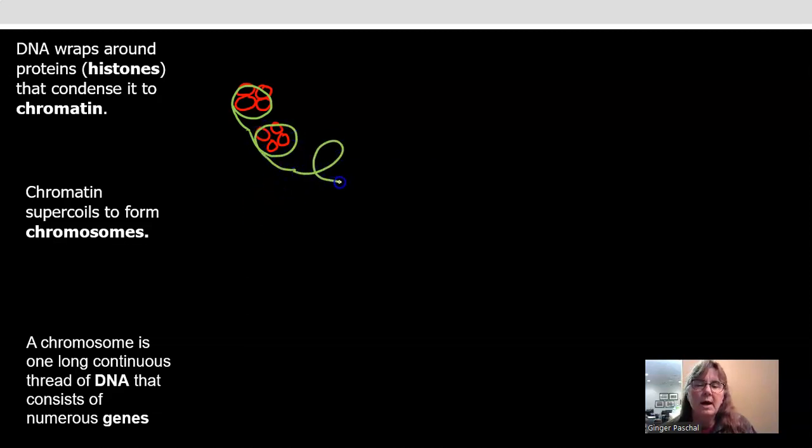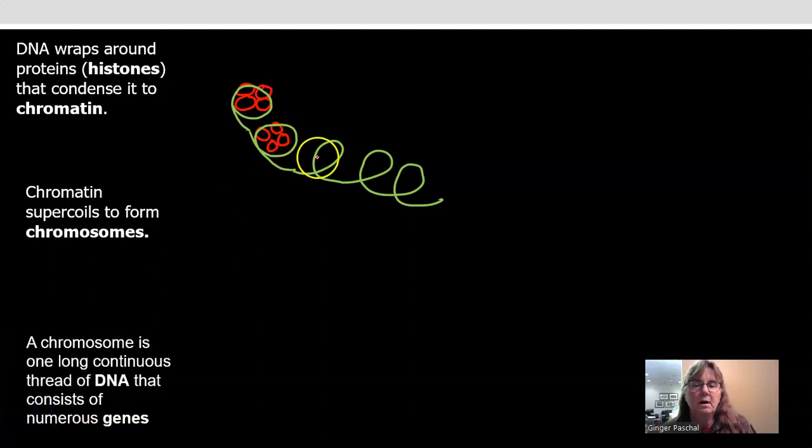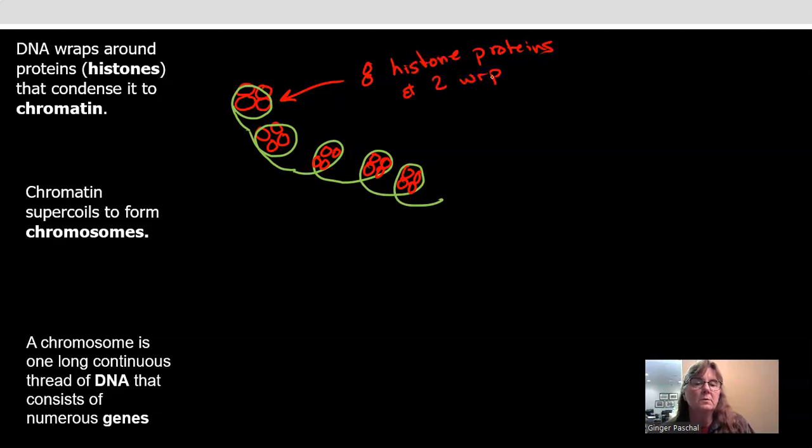It continues to wrap and wrap. In each of these loops there are 4 histone proteins, and in this one there are 8 histone proteins and 2 wraps of DNA.